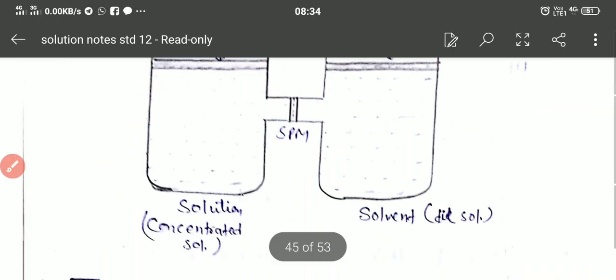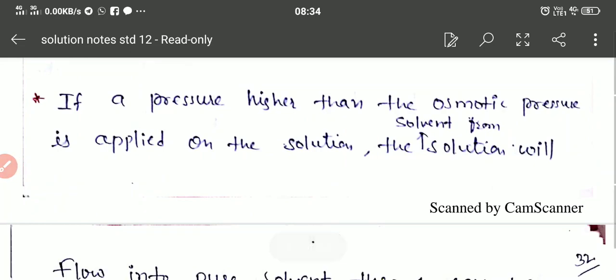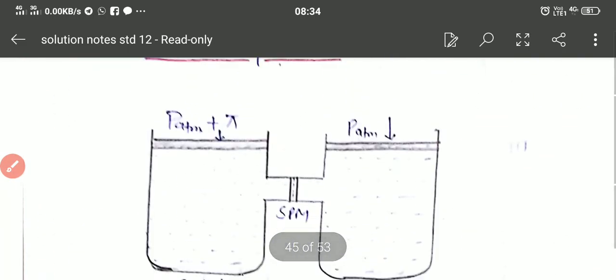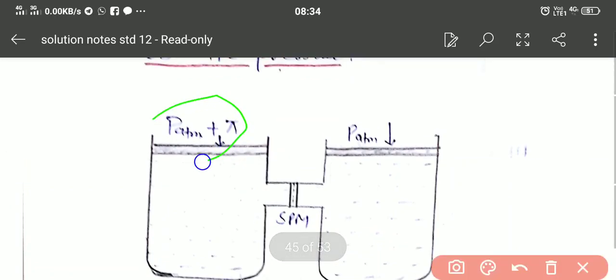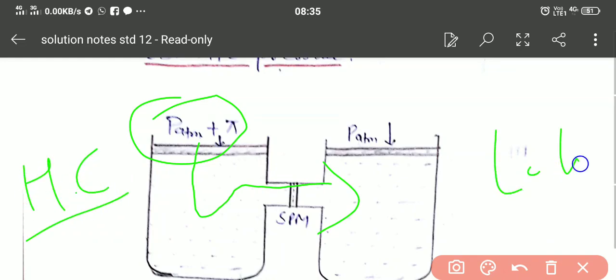Okay. Now if a pressure is higher than osmotic pressure, what happens? If we apply pressure higher than osmotic pressure, if we apply more pressure, then what happens? The solvent molecules move from higher concentration to lower concentration.